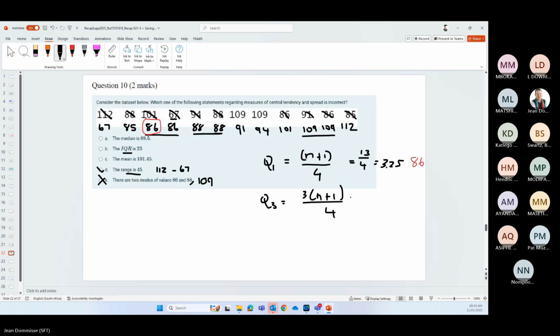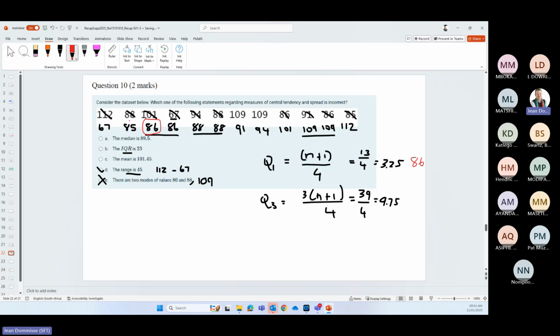Then again, that was 12. 12 plus 1 is 13. 13 times 3 is 39, divided by 4. 59 divided by 4 is 9.75. So we need to get to value 10.